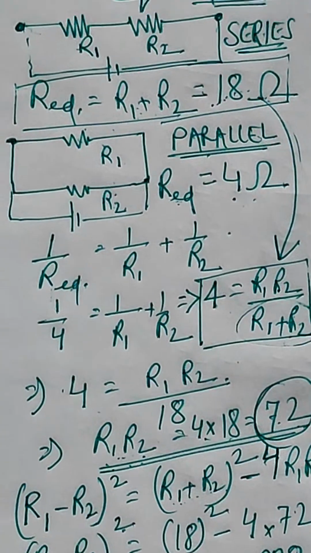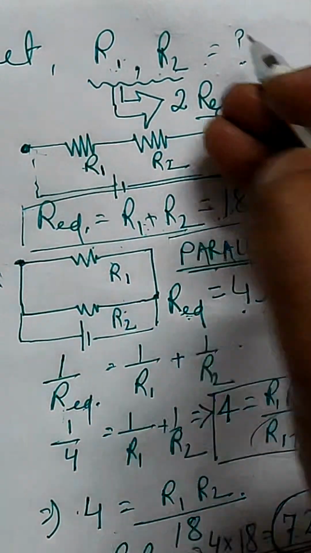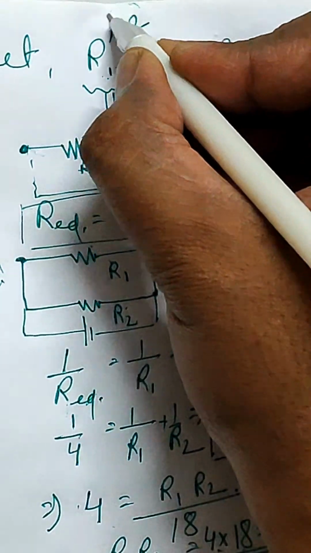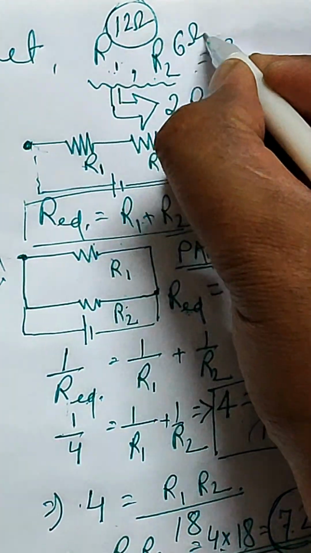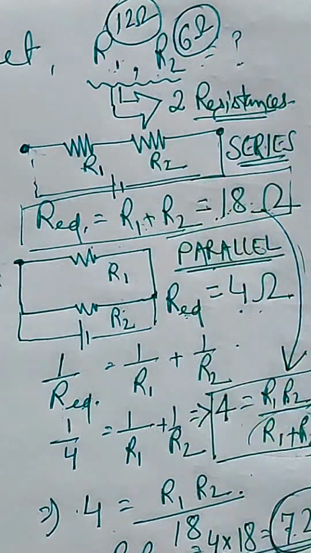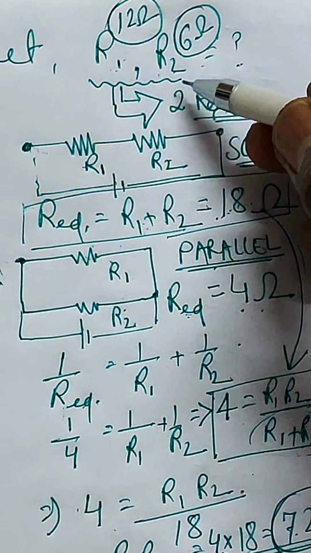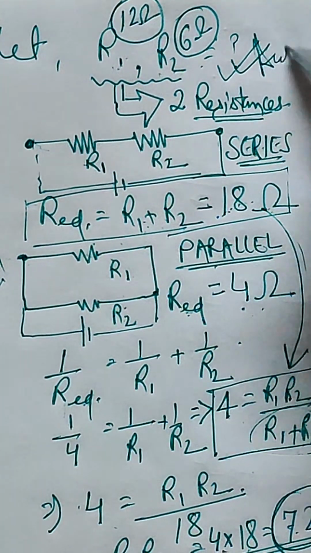So let me write it over here: R1 is 12 ohm and R2 is 6 ohm, right? So the values of both the resistances have been identified, and in this way we have solved this question.